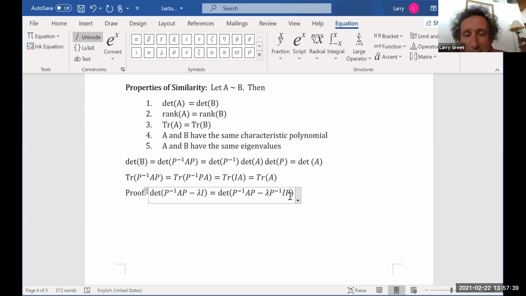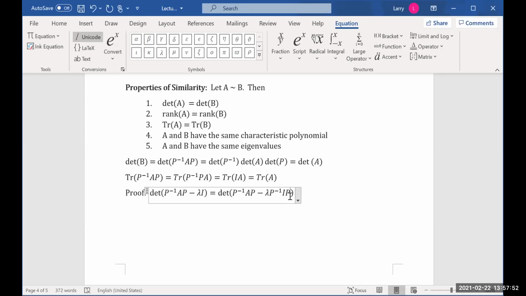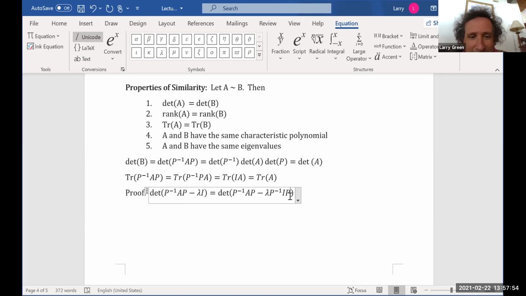Do you agree that I'm allowed to do that? That P inverse IP is the same thing as I? That if you multiply those matrices, you get I? Yes. That's clear?